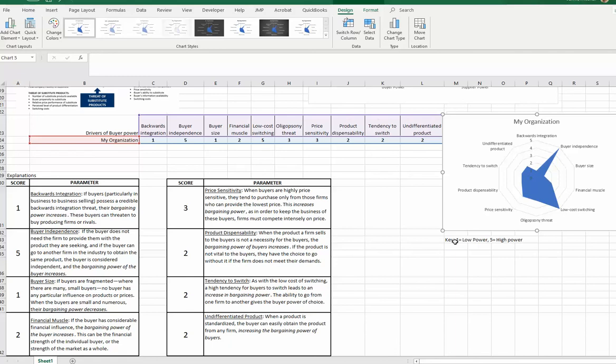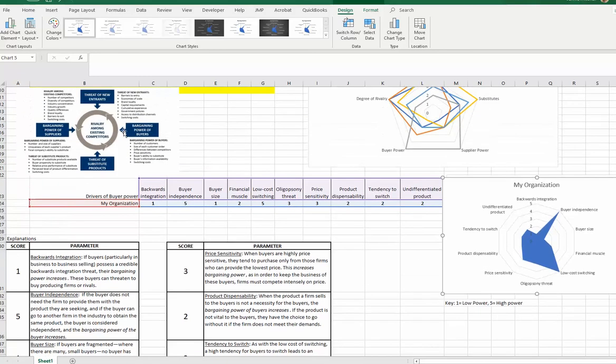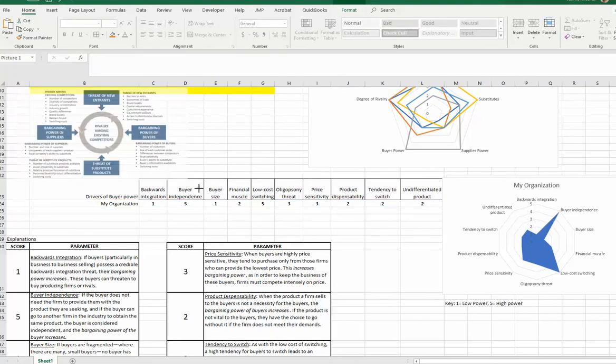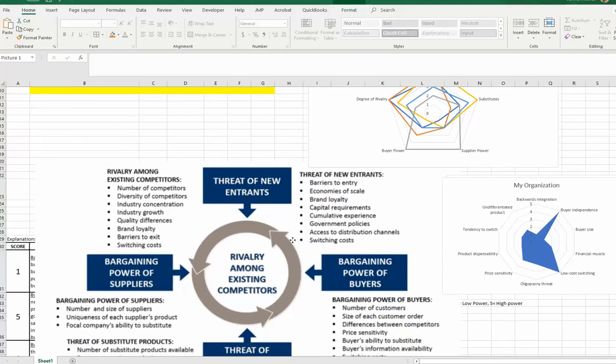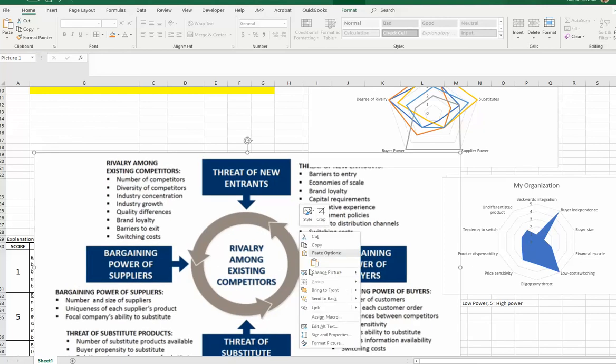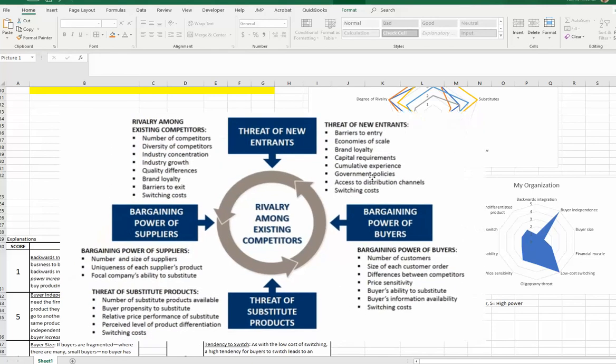The other thing I want to point out, I'm going to make this bigger so you can see it. I looked for some images on the internet. Let me see if I can move this, bring to front here so you can see it, of Porter's 5 forces, and I found several that were on there.